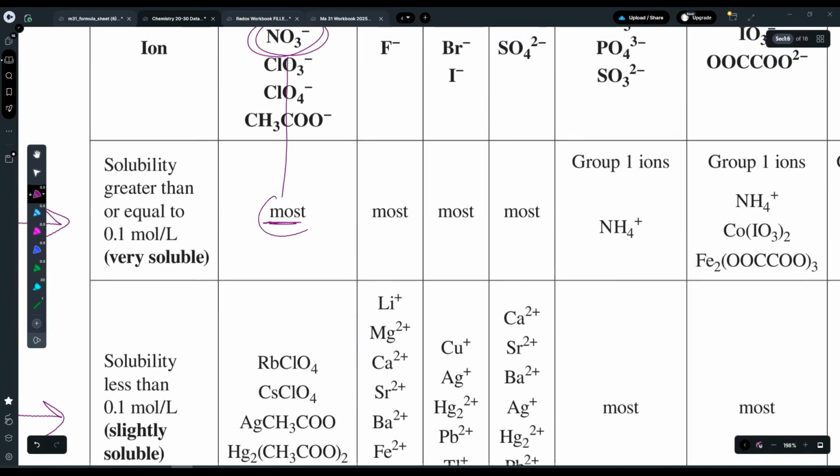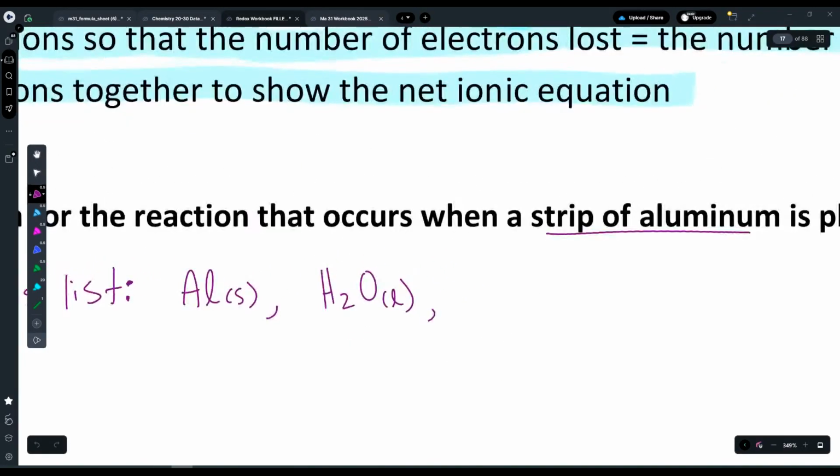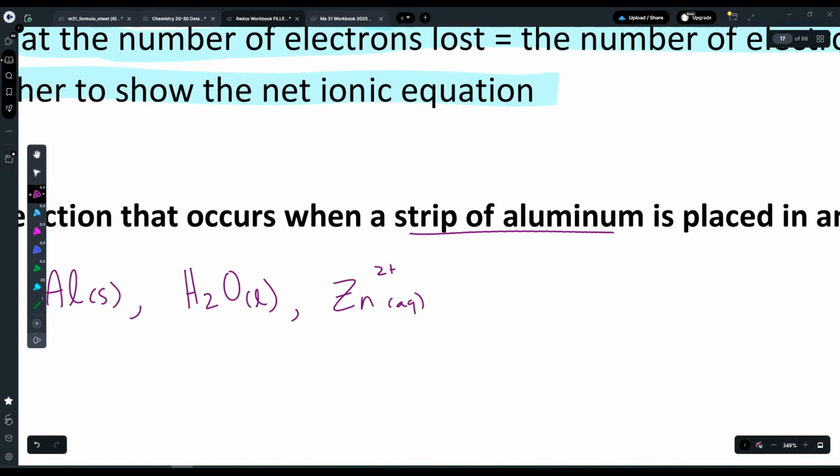So yeah, it does fit under most, so zinc nitrate is very soluble, so that means that we can dissociate zinc nitrate into its 2 ions, the cation and the anion. So zinc nitrate, the cation is zinc, and it's aqueous, it has a 2+ charge, and then we have nitrate, which has a 1- charge.